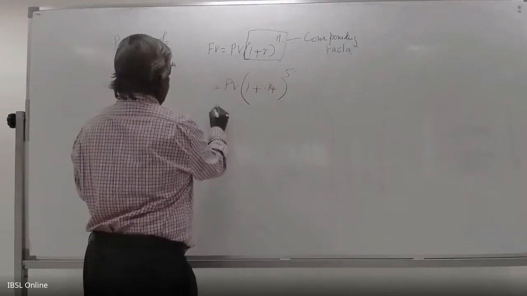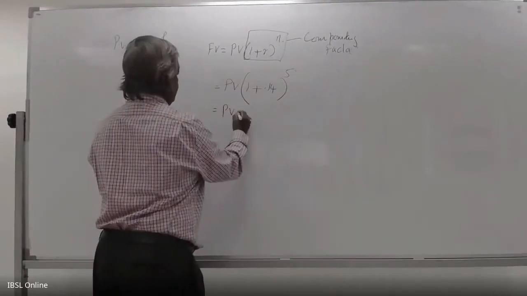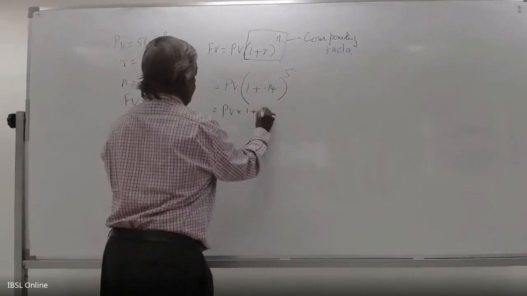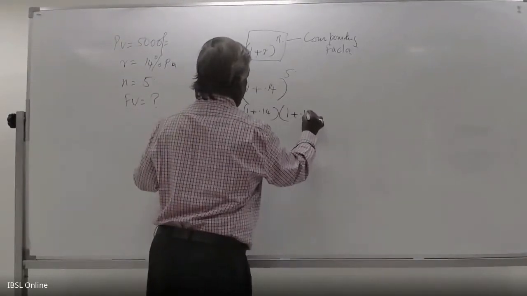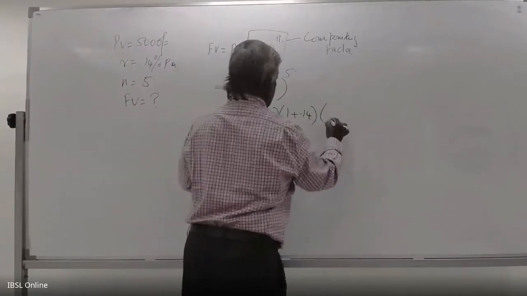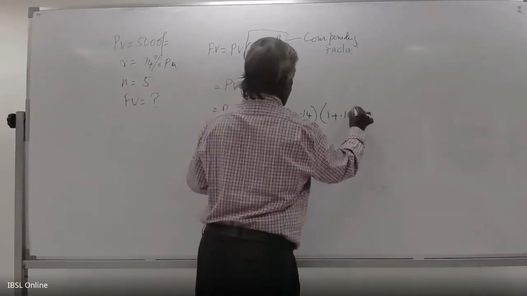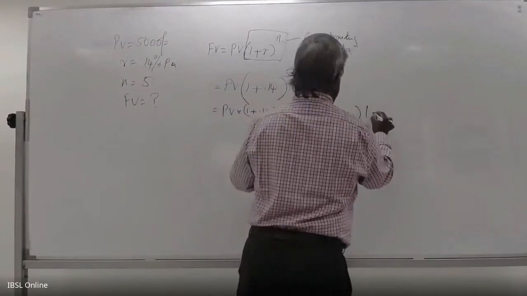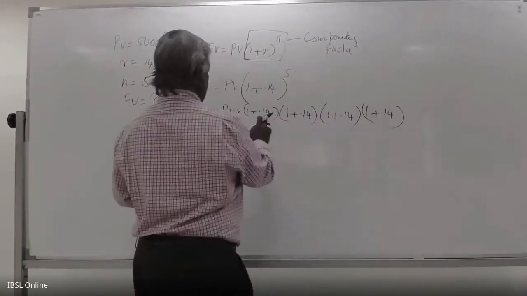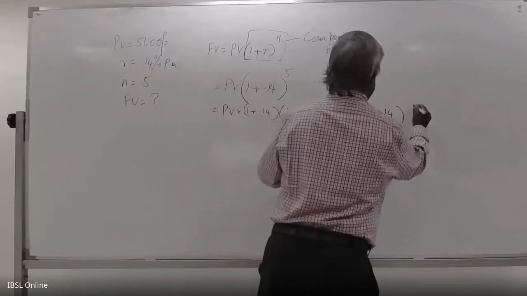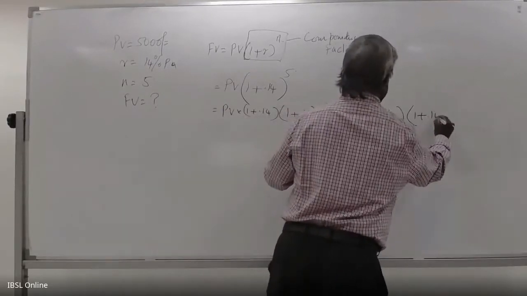So this is equal to PV into 1 plus 0.14 into 1 plus 0.14 into 1 plus 0.14 into 1 plus 0.14 into 1 plus 0.14.